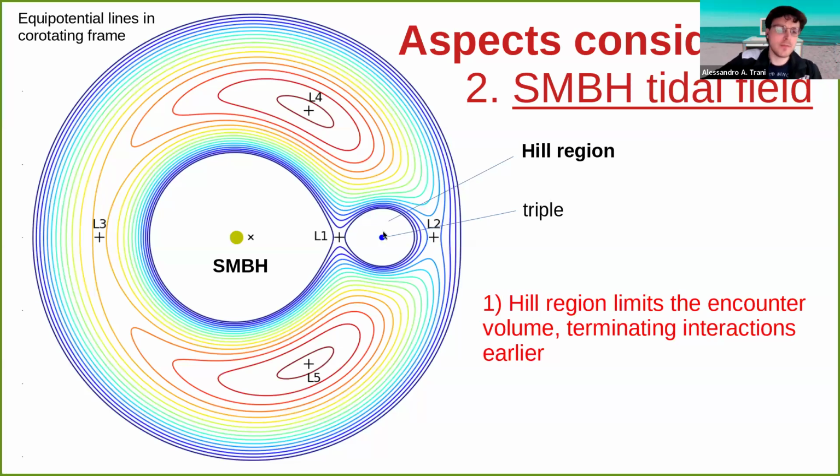One effect that this configuration can have on encounters that happen within this region, which is called the Hill region, especially in planetary physics, is that the Hill region will limit the volume where the encounter can happen.